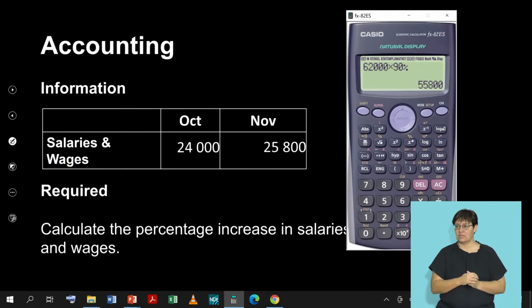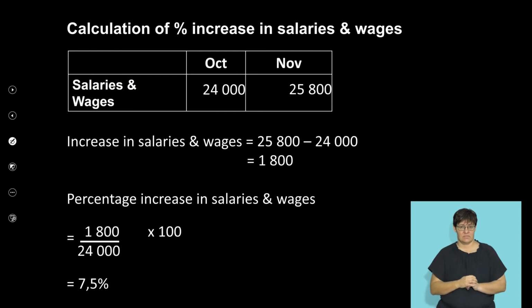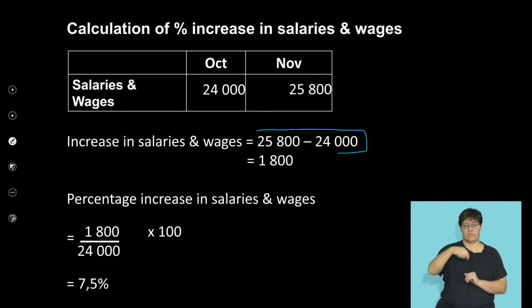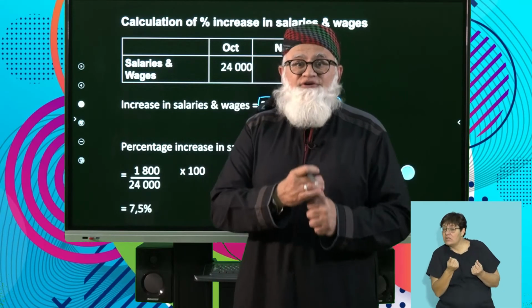Step number one, take your 25,800 minus the 24,000, which will give you the increase in rands, which is 1,800. Step number one, work out the increase in terms of rands.